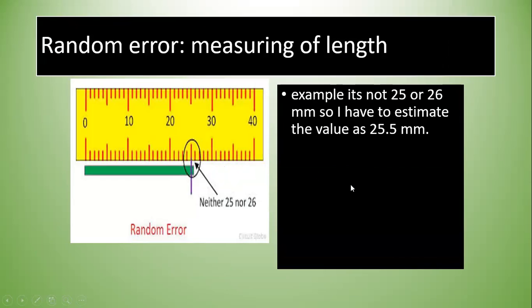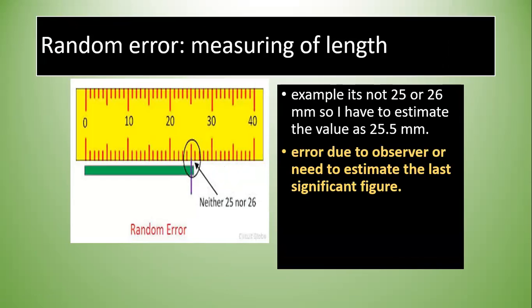It's just the best estimate that we make. This error is due to the observer, who needs to estimate the last significant figure. We are not sure. You cannot say 25.5 millimeter is correct. I know it's 25, but the 0.5 I'm not sure of. That's why it's called uncertainty.